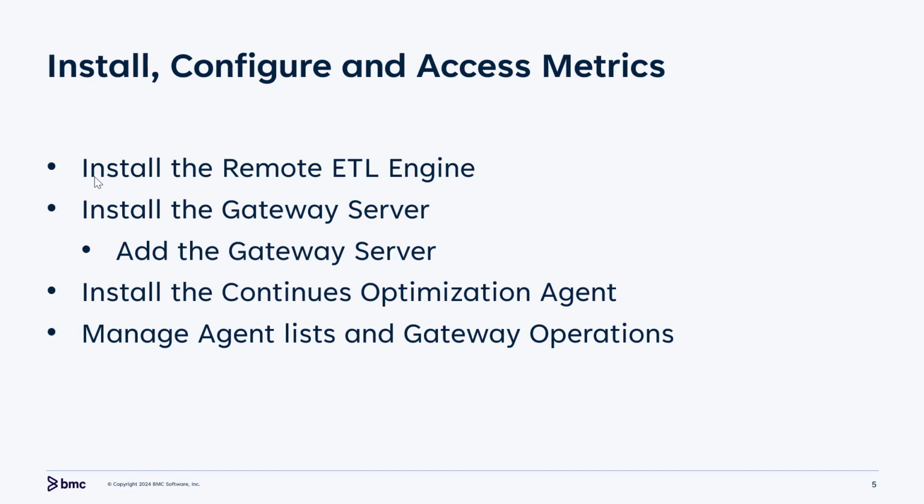You will need information like tenant ID, access key, secret key, etc. Using the silent install option file, you can install silently. Once remote ETL engine is installed successfully, you can install the gateway server. After that, you can add the same gateway server from BHCO console. Lastly, you can install the agents on the machines from where you will need to collect the metrics.